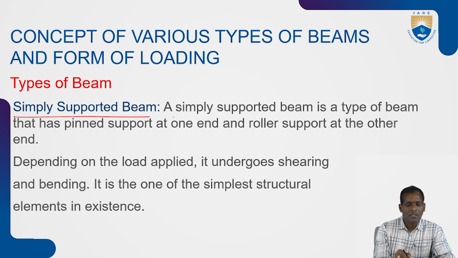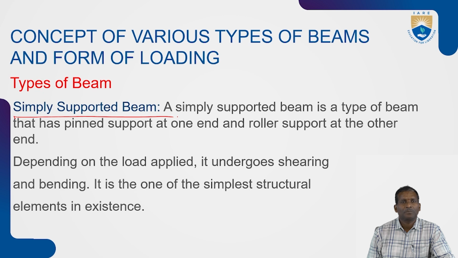The first one is the simply supported beam. What is this simply supported beam? A simply supported beam is a type of beam that has pinned support at one end and roller support at the other end. Depending on the load applied, it undergoes shearing and bending.